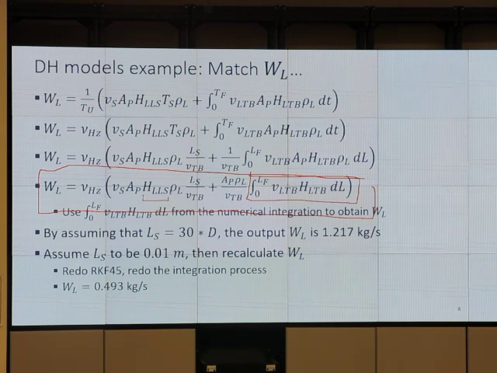Where does HLOS come from? Do we have it? What is the full name of HLOS? At what point in time do we have it? Do we have it before we do RKF45 or after RKF45?